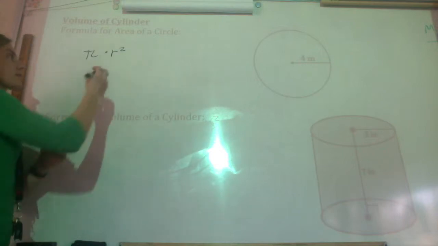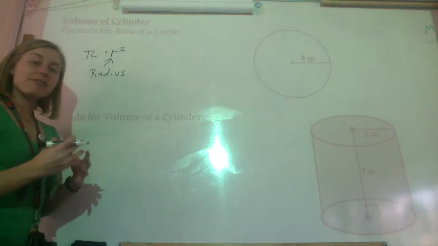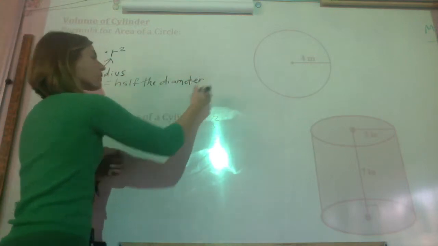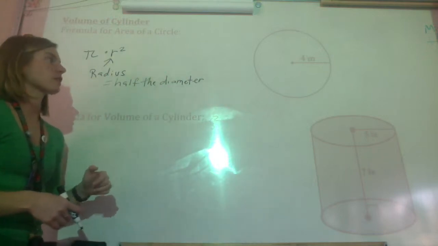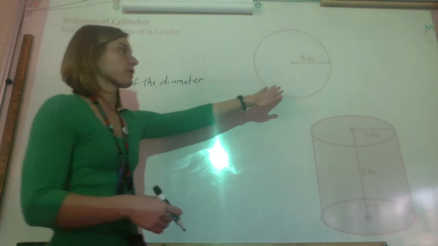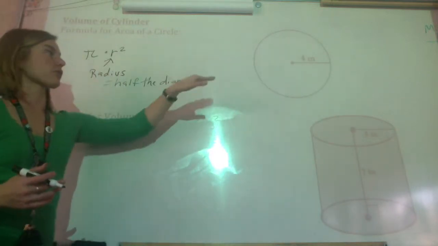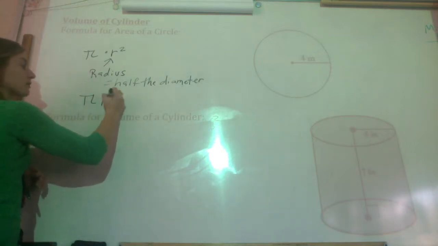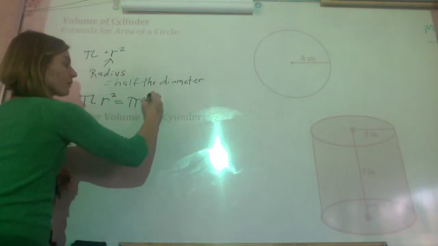The radius, if you remember, is half of the diameter, where the diameter is a line that goes straight across the circle through the center. In this case, they actually give us that the radius is 4. So if we want to find the area of that circle, we put it into the formula of pi times our radius squared, which will be 4 squared.